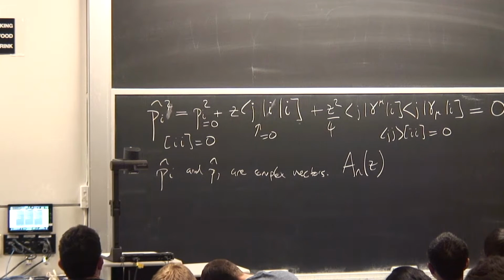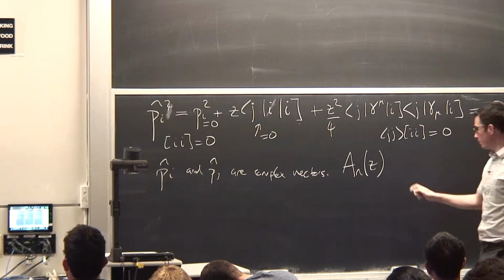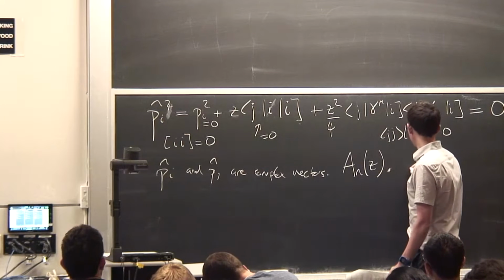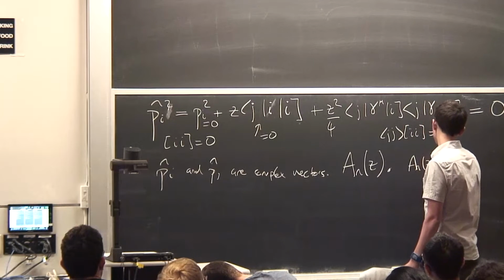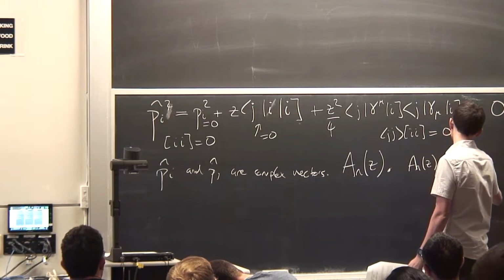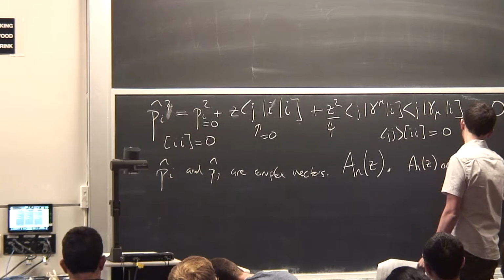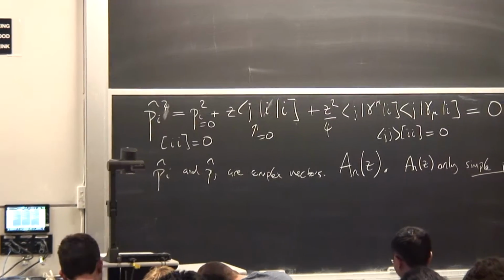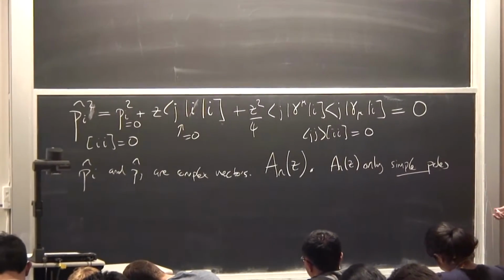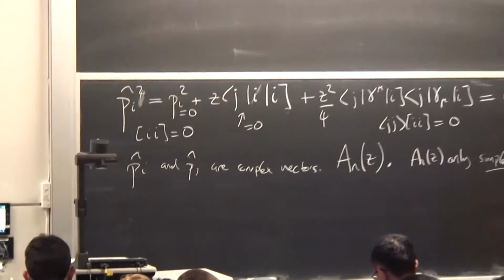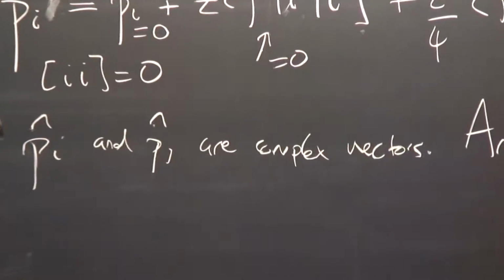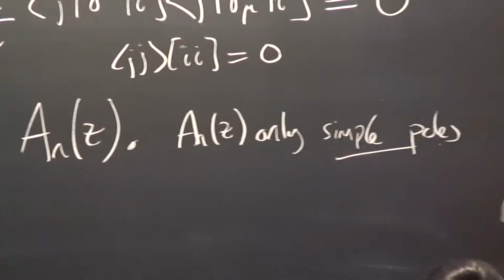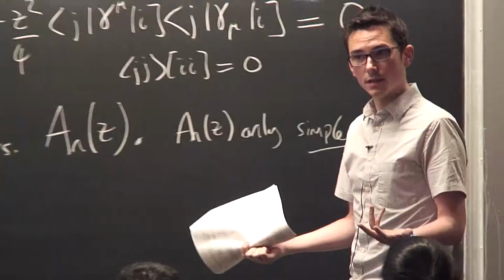So, okay, now my next bold claim is that A_n(z) only has simple poles. And why is this a bold claim? You may have guessed quite legitimately that it should have double poles, because my tree level amplitude is going to be a function of propagators.